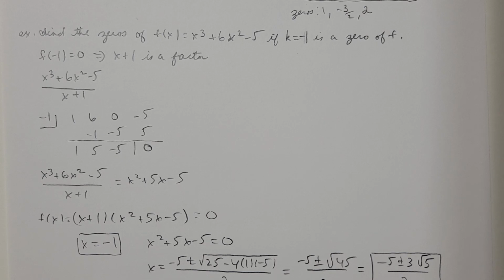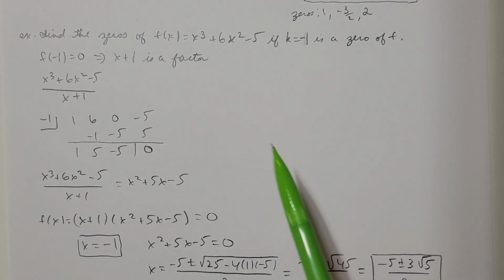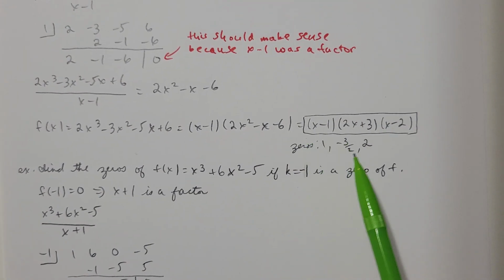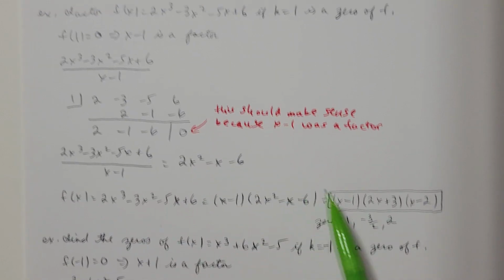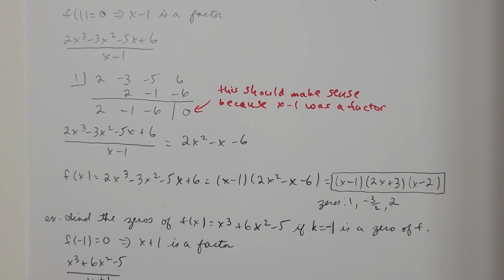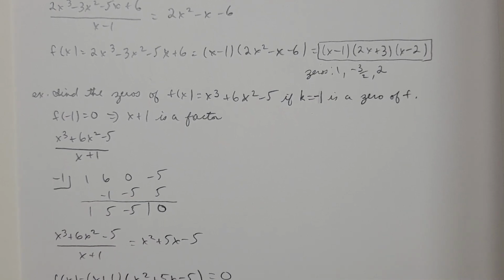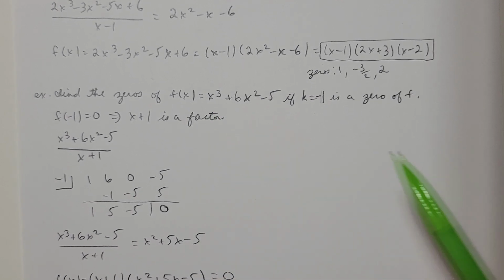So I know one of the answers. And by the way, there are going to be 3 answers because I've got a degree 3 polynomial. There's a connection going on, and I'll mention that after this problem. So I know there are going to be 3 answers. Now they're telling me one of the answers, negative 1.